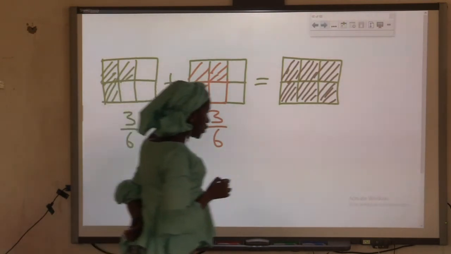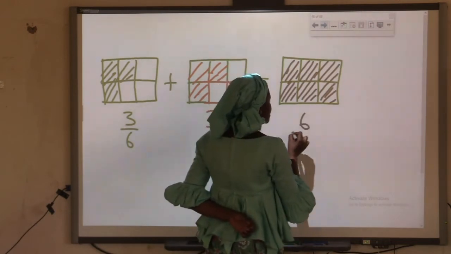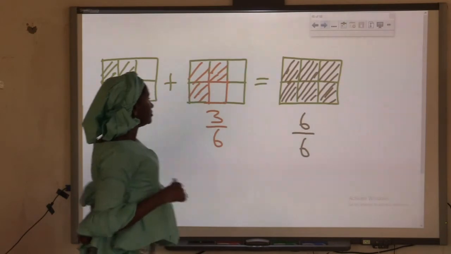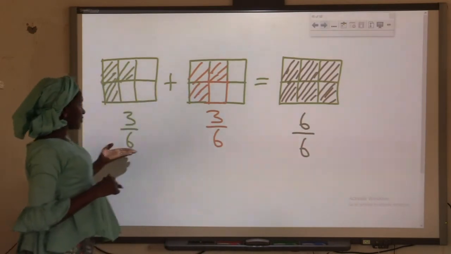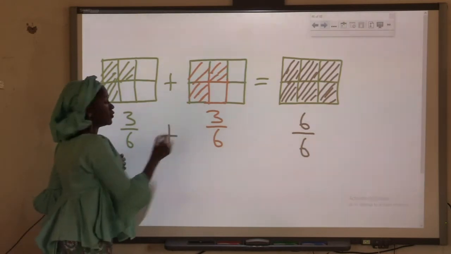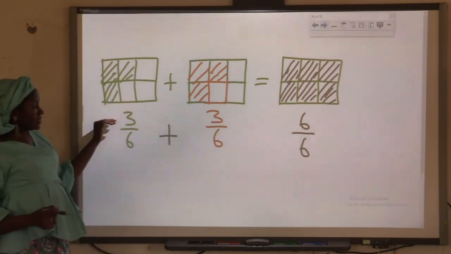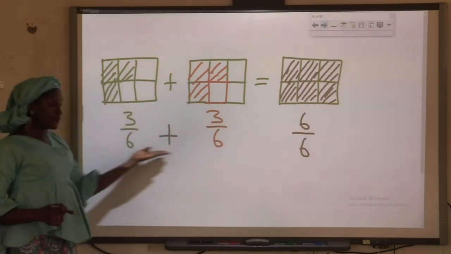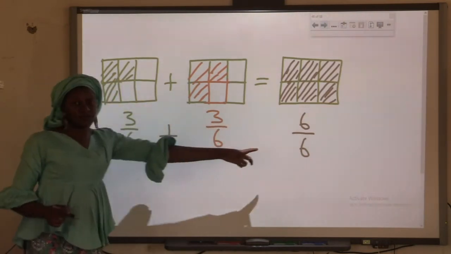This is a whole, 6/6, which is a whole 1. Again, the same denominators, we add the numerators, that is 3 plus 3, that is the 6 you are seeing here. And like fractions, we maintain the denominator.